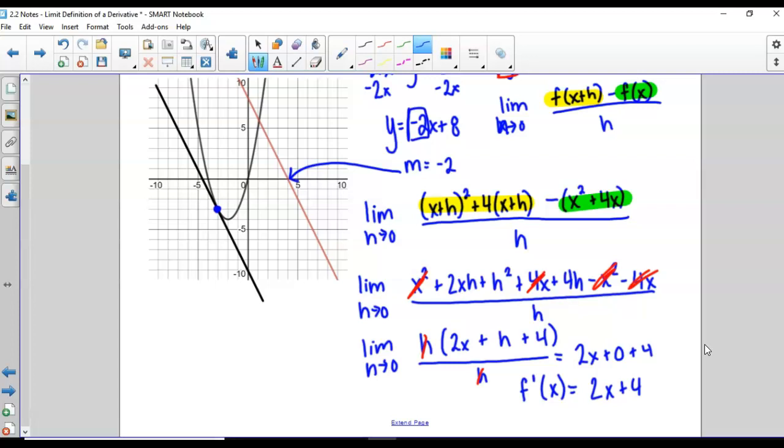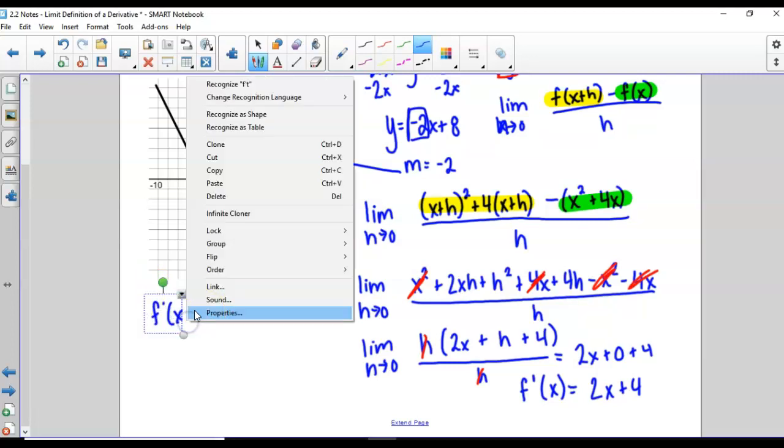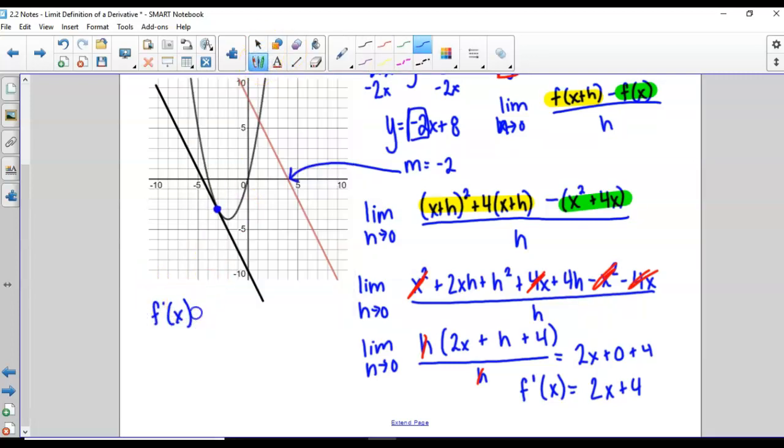So that f prime of x, the derivative of f of x, that is the slope of the tangent line. And what do we need the slope to be? We need it to be -2 so that it will be parallel to this red line that has the slope of -2.